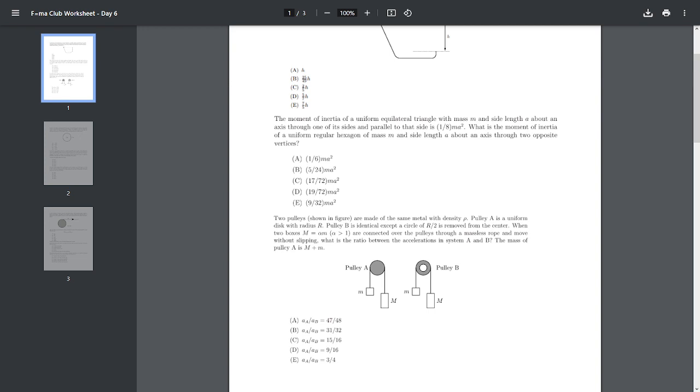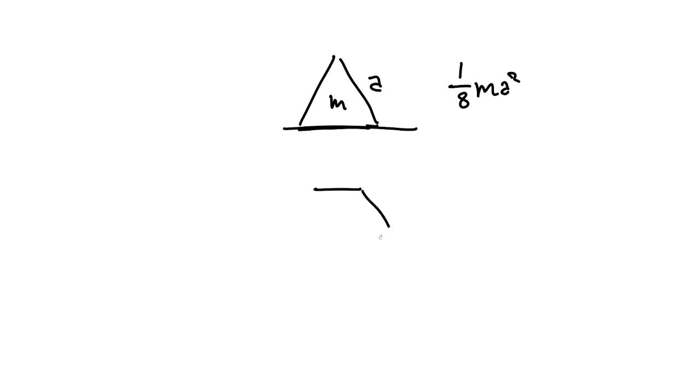Right, so this is some questionable wording, but basically it's saying, given the moment of inertia of a triangle with a mass of m and a side length of a, with the moment of inertia passing through this axis, and that moment of inertia being 1 over 8 ma squared, find the moment of inertia of a regular hexagon with a mass of m, side length of a, and going through an axis like this.